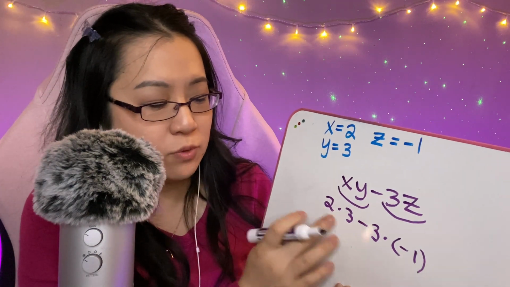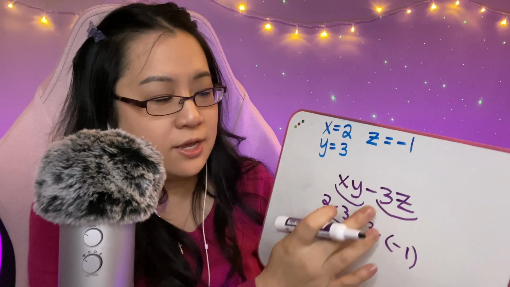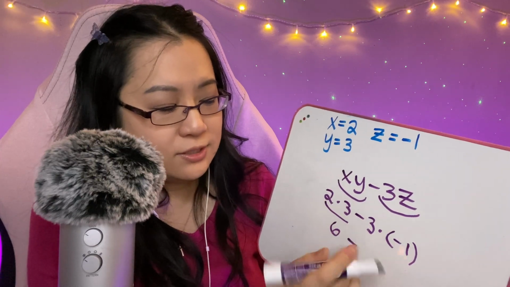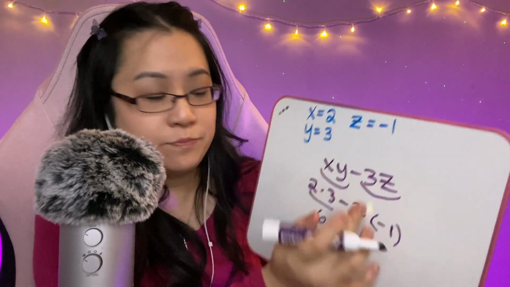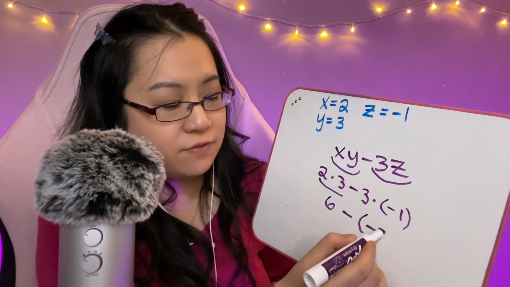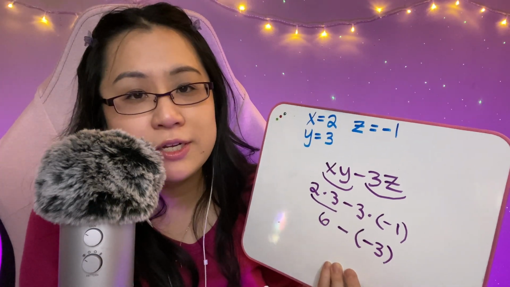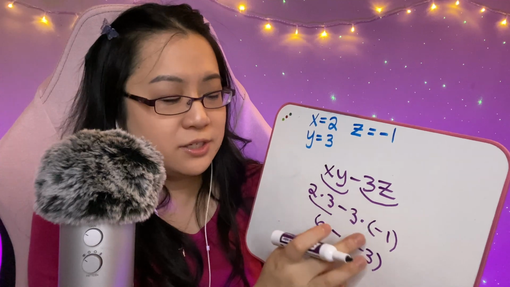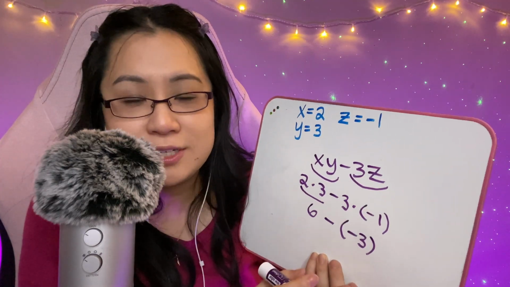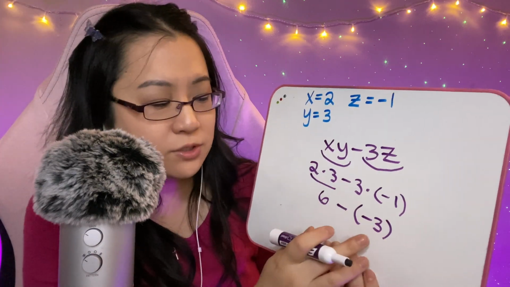So here, multiplication first. 2 times 3 is 6. And then we have minus, and then we would have 3 times -1, which is 3z, which is -3. 3 times -1 is -3, because 3 is positive and -1 is negative, so they have different signs. So it's negative, and then 3 times 1 is 3.